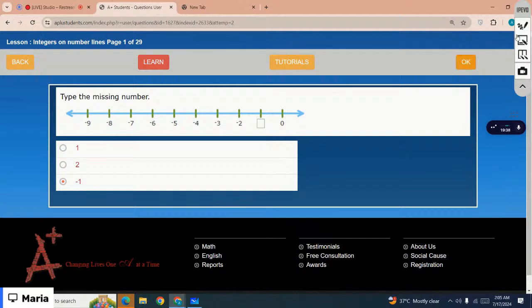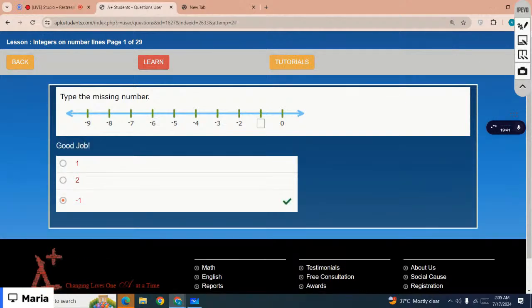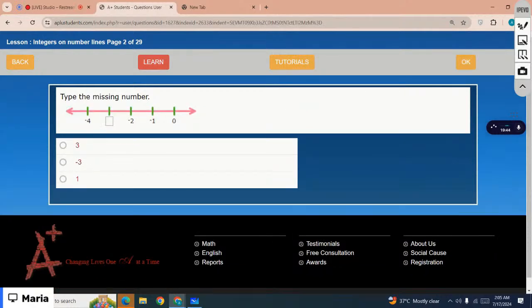Between 0 and -2, that is -1. Very good. The correct option is -1. Okay, type the missing number. So which number is missing? Yes, -3. Option number 2 is the correct option.